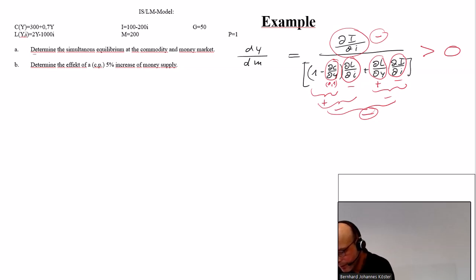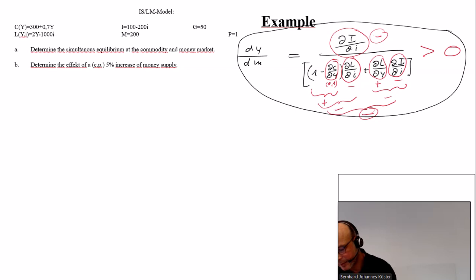Let's at first skip this and do it in a minute if we have enough time afterwards. But let's use this formula here, because we just want to have the impact of a 5% increase of money supply. We have, for simplicity, just a price level of 1.